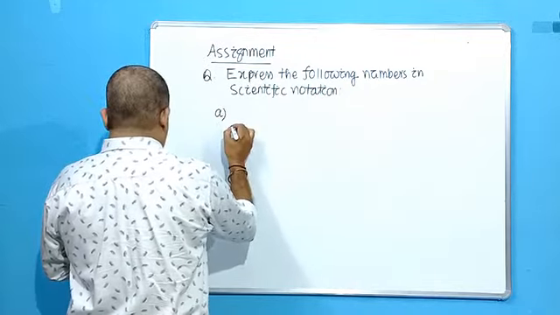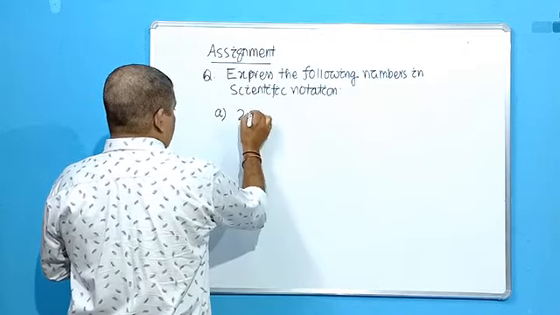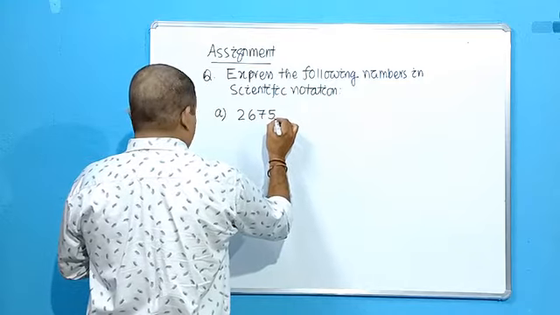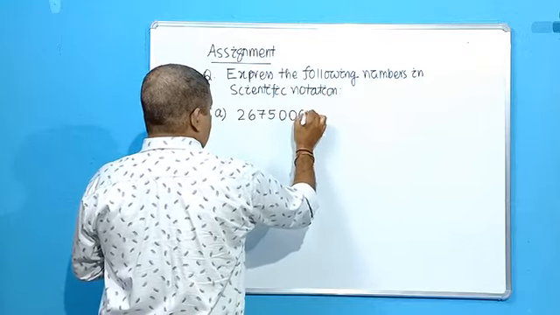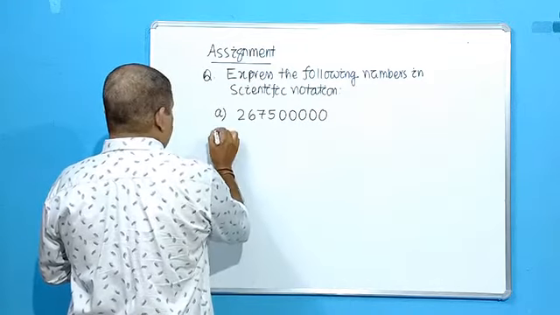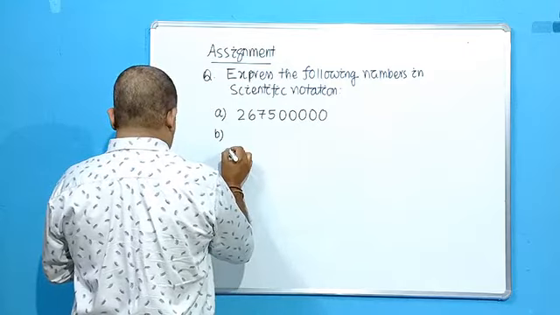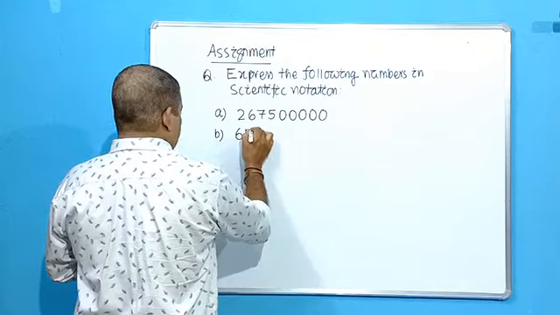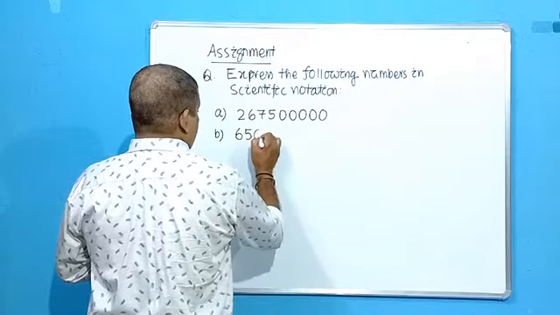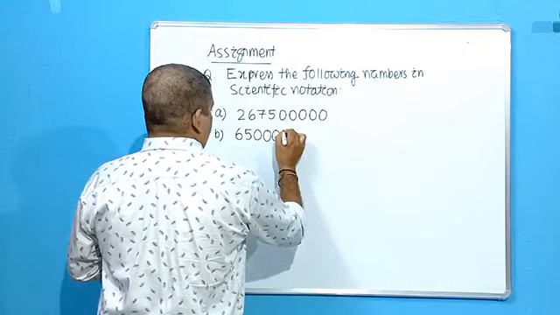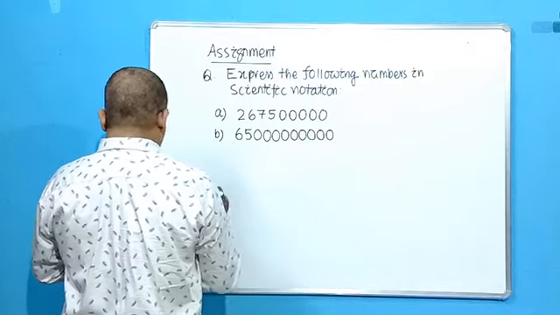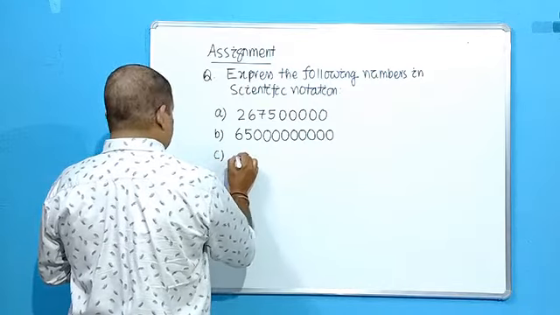A: 2675 followed by 5 zeros. B: 6565 followed by 9 zeros. C: 1000.